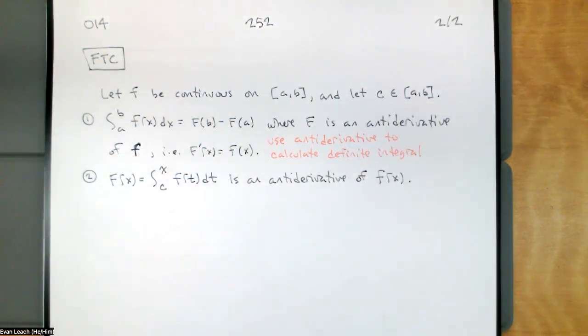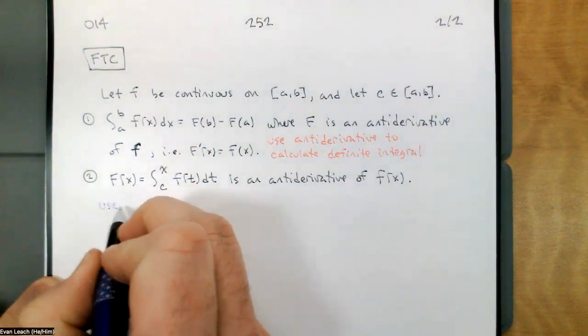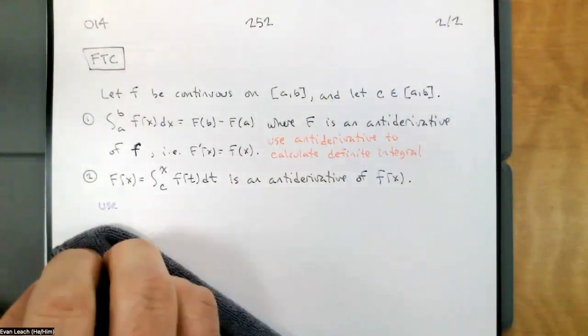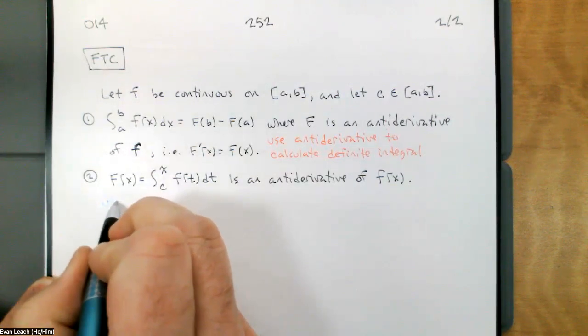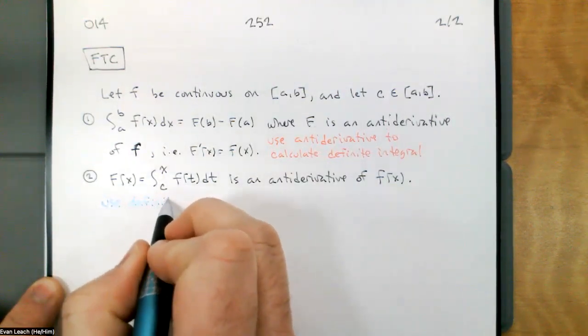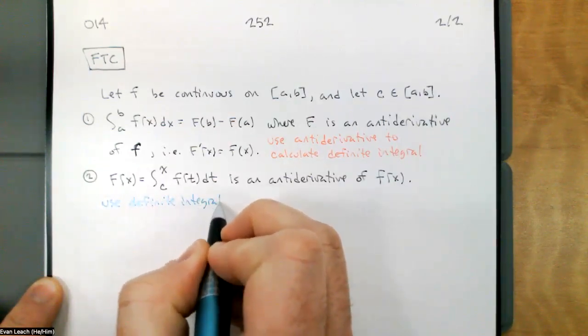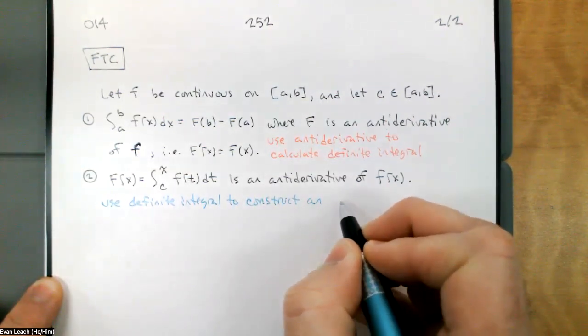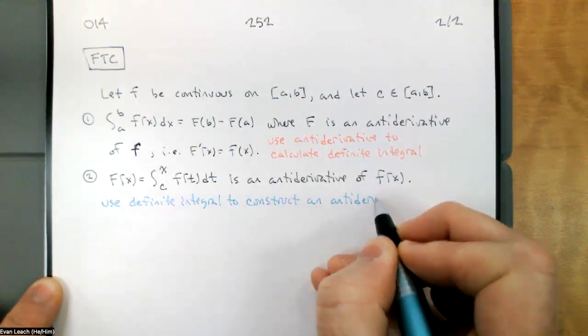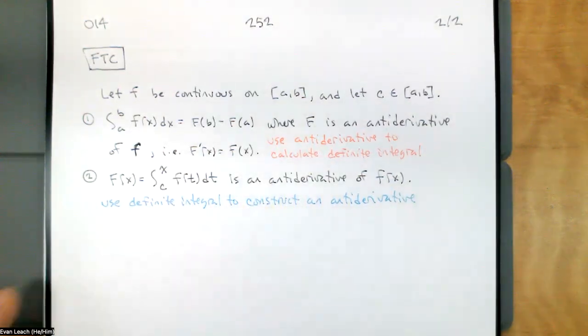So what we get from this is that we can use a definite integral to construct an antiderivative.